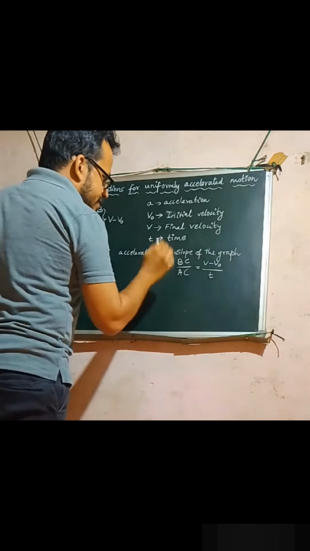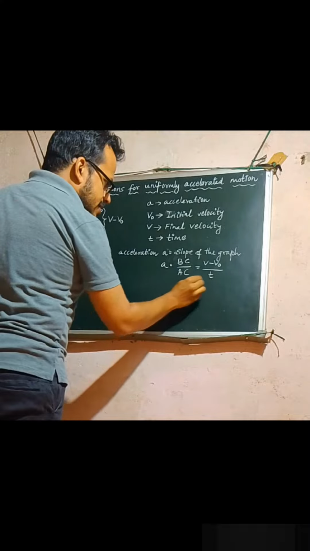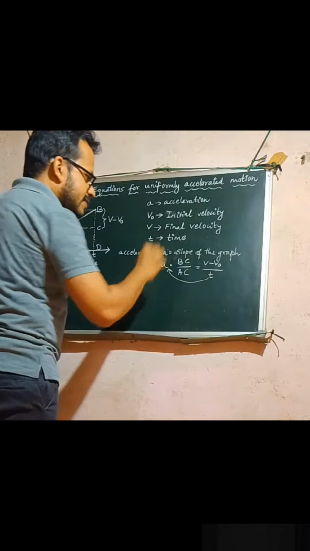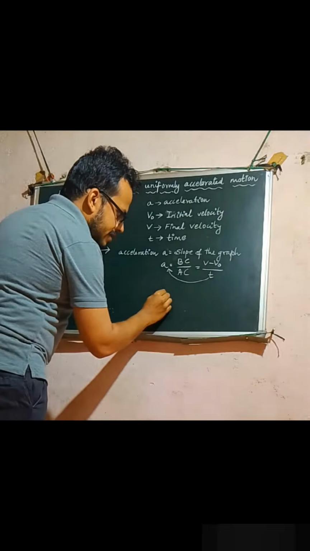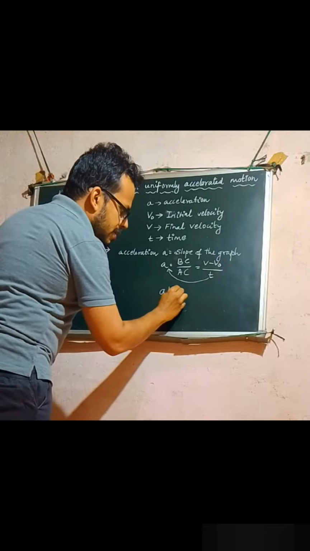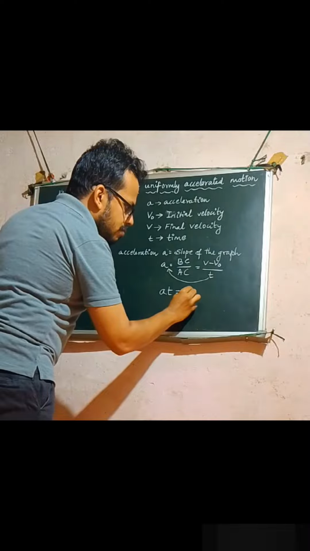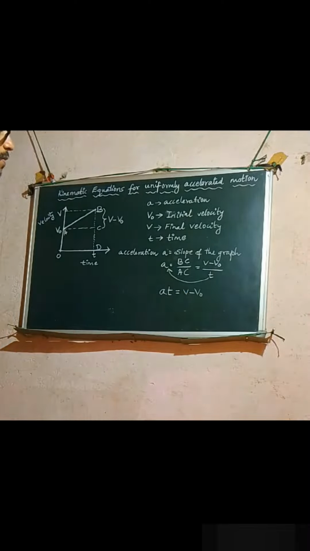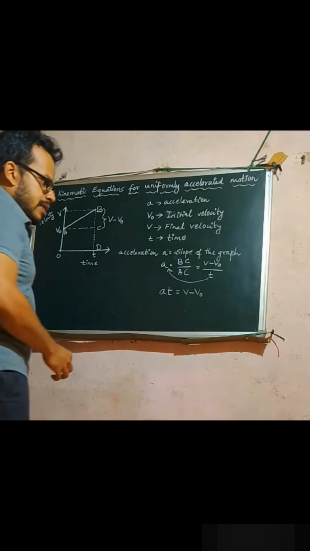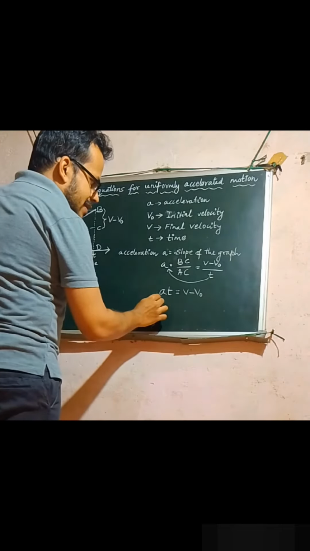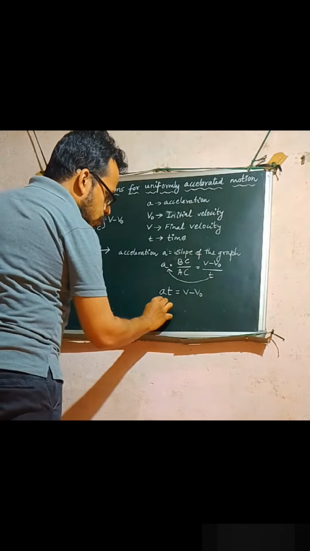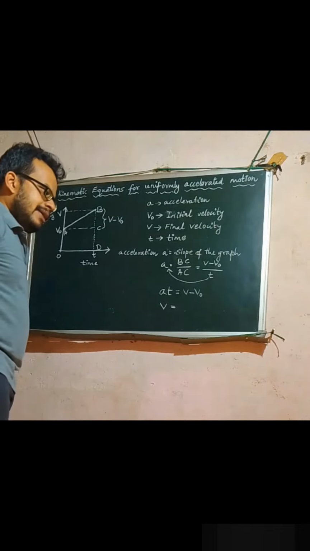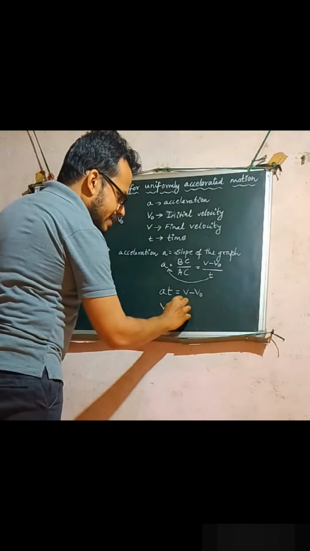So I will just rearrange it so that I can bring this T to the left hand side, and a into t becomes equal to V minus V0. Okay, so again rearranging, I'll take V on the left hand side and the remaining things on the right hand side.